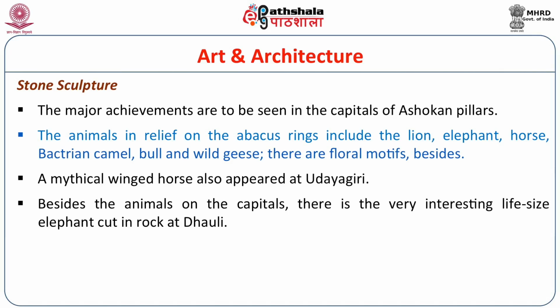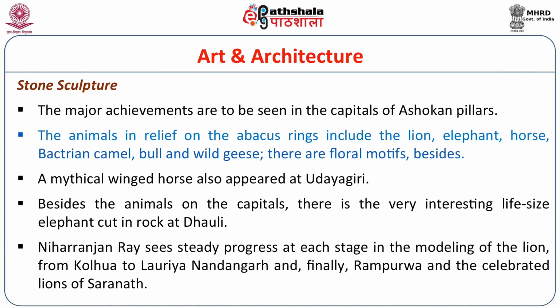Besides the animals on the capitals, there is the very interesting life-size elephant cut in rock at Dhauli. Niharanjan Ray sees steady progress in each stage in the execution of the lion taken apart from the other images, from Kolhua to Lauriya Nandangarh and finally Rampurva, and the climax had been reached in the celebrated pillars of the Sarnath lions.